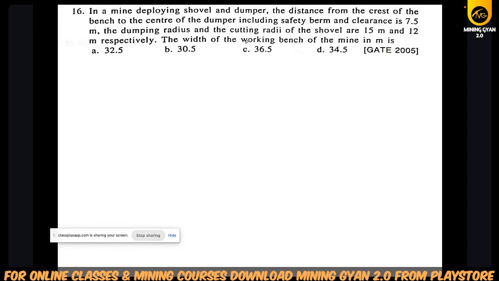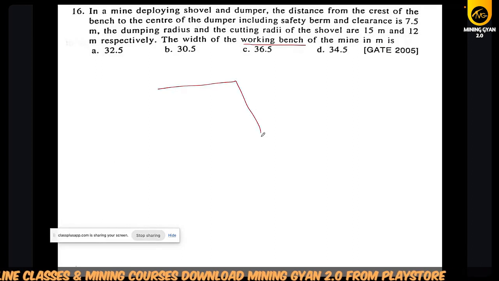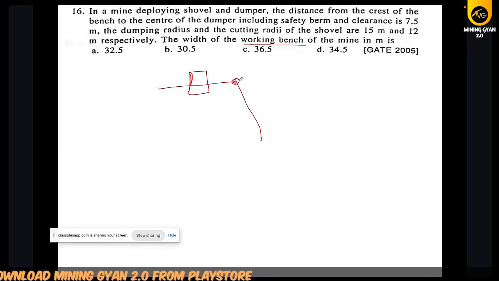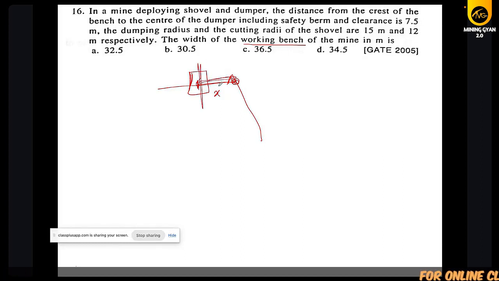So the working bench. This is the bench. If your machine is working here, then from the crest to the middle of the dumper, that is the safety bump distance, you add the dumping radius.